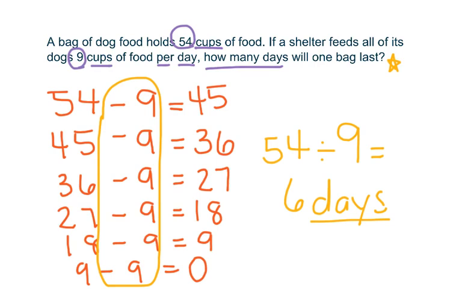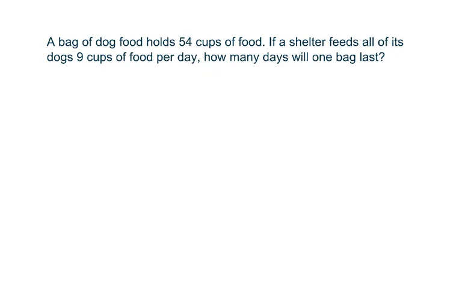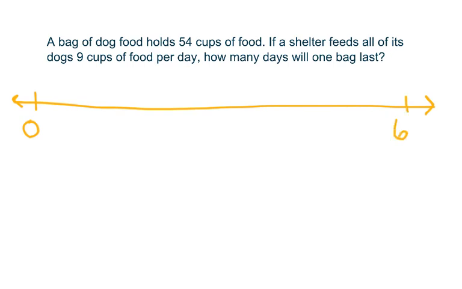We could also use a number line to help us with this strategy. I would first start out by drawing my number line. Remember, it doesn't have to be perfect. It's just a strategy to help you solve. So I'm going to start with 0 and 60. This would be 10, 20, 30, 40, 50.